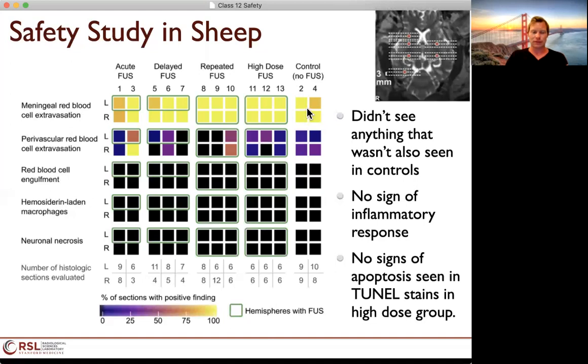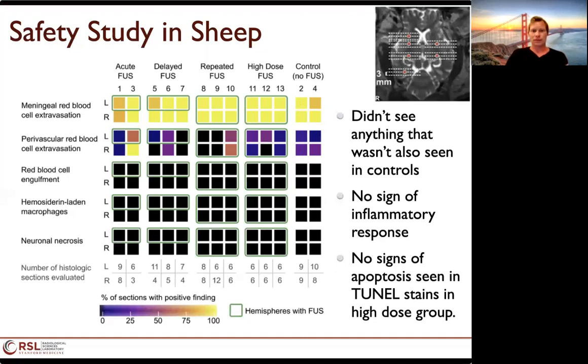Remember, I had said that we did the MRRFE, and that was really useful because it was good to make sure the equipment was working, because there were a couple of times that it wasn't working. When we didn't see any MRRFE sonication, we said, the equipment's not working, right? But those became our control sheep. So it worked out for you. Yeah, it worked out really well.